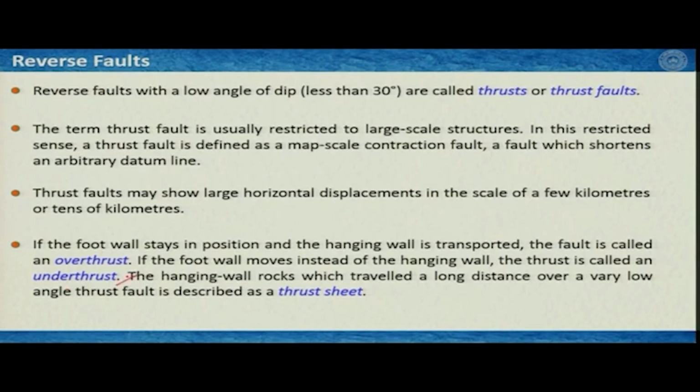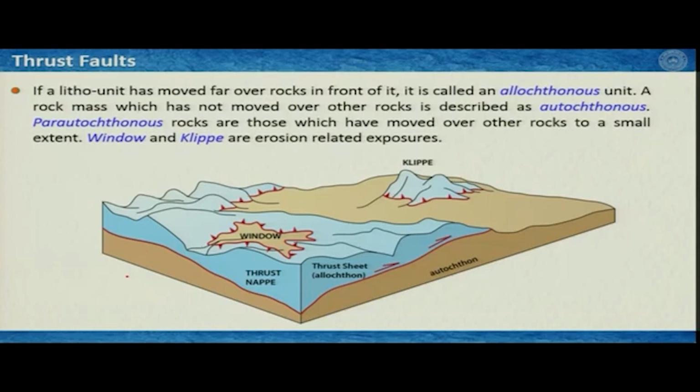Now the hanging wall rocks which travelled a long distance over a very low angle thrust fault are generally called a thrust sheet. Now overthrust and underthrust are some tectonic terms that people generally use, so we will not go into that part in detail, but we mostly look at some other features, a few of which we have already learned.